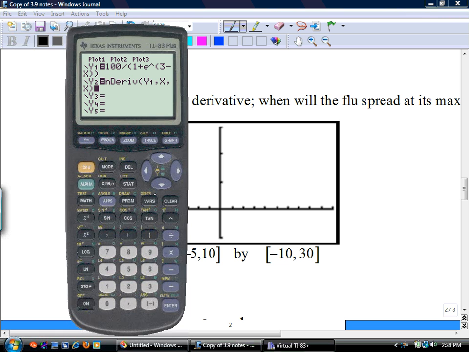Okay, so now it's graphing the derivative. Oh, right. What's the window setting? It's different. Window.